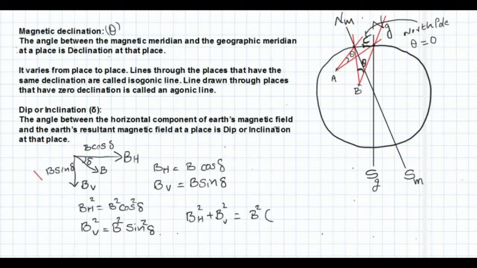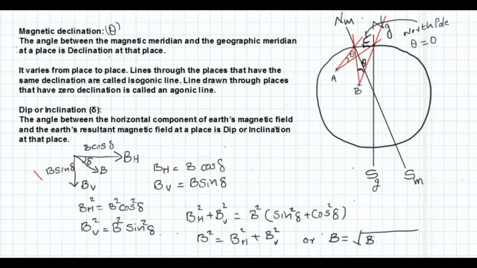Now we can add BH square and BV square. So BH square plus BV square will be B square into sin square delta plus cos square delta, but sin square delta plus cos square delta is 1. Therefore B square is equal to BH square plus BV square, and from this we can find the value of the resultant magnetic field, that is B. Earth's resultant magnetic field B will be square root of BH square plus BV square.